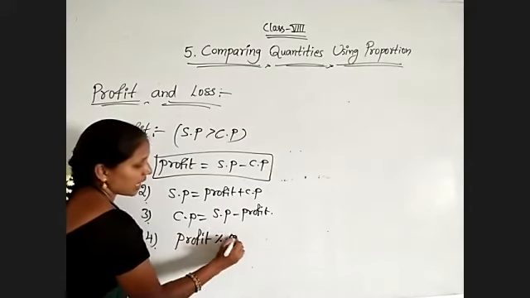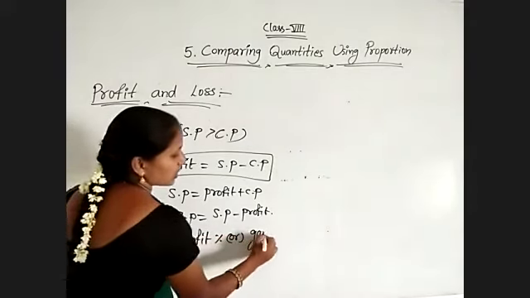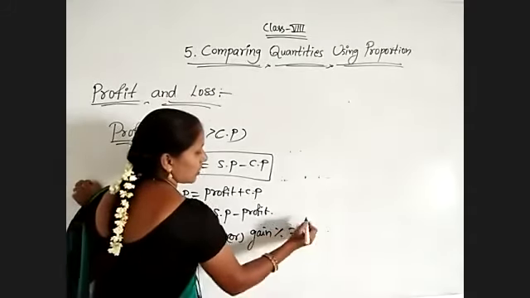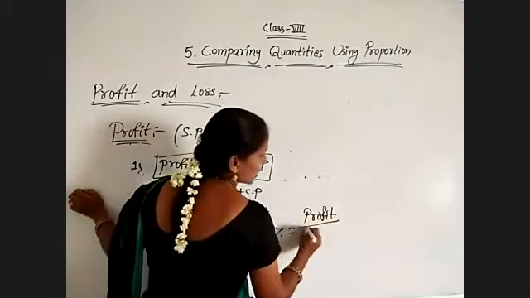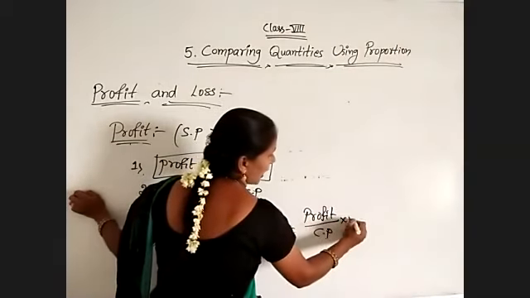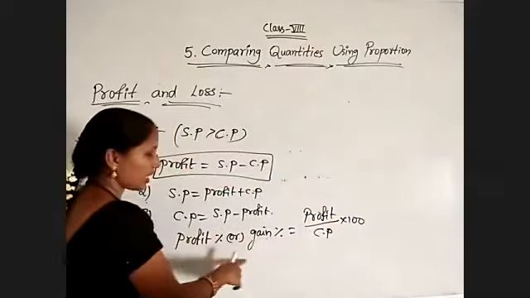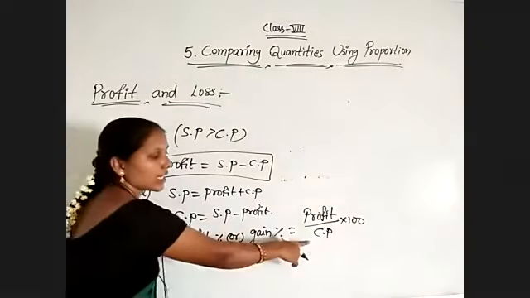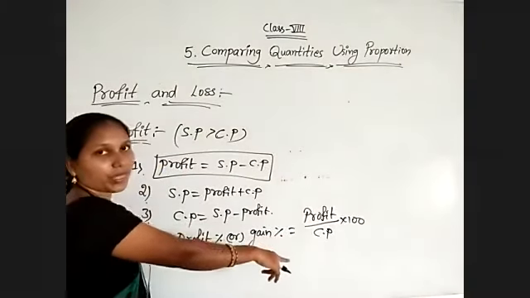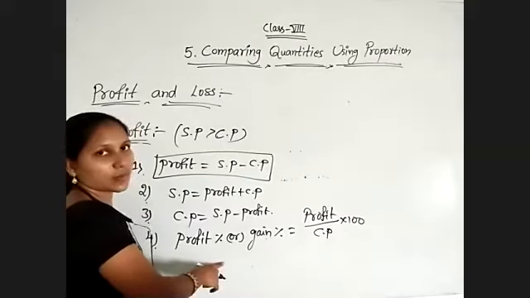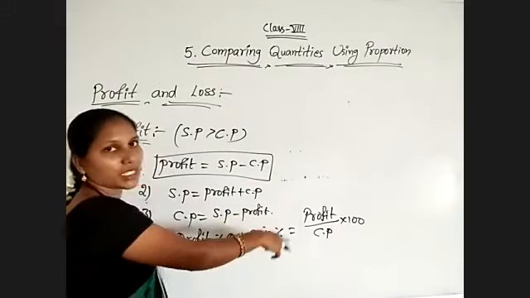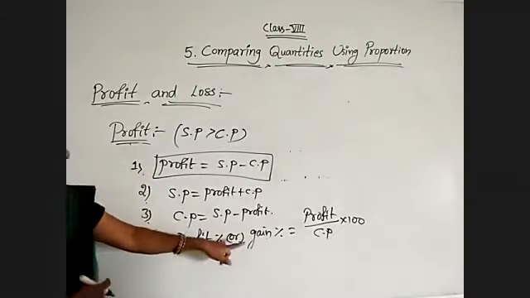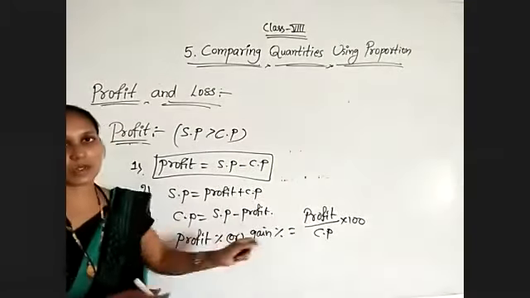Profit percent or gain percent is equal to profit by CP into 100, the actual amount. Whenever we are dealing with percentages, we take the actual amount. So CP only we will take, not the SP. Profit percent is equal to profit by CP into 100. Similarly, gain percentage is equal to gain by CP into 100.